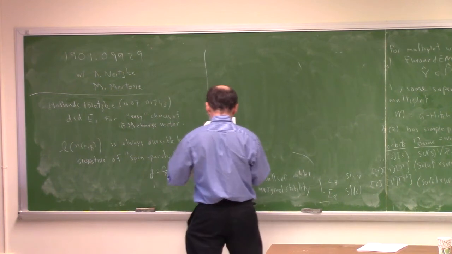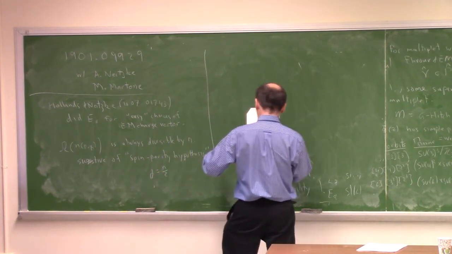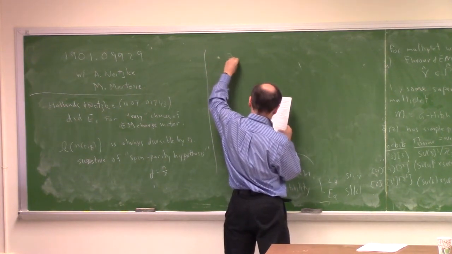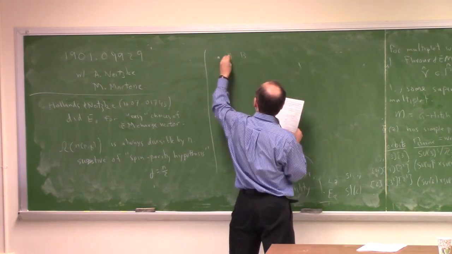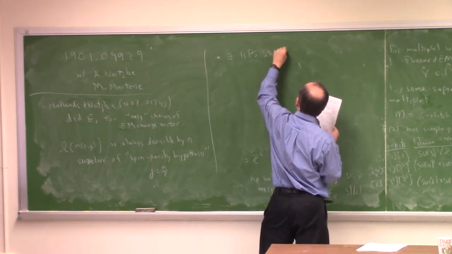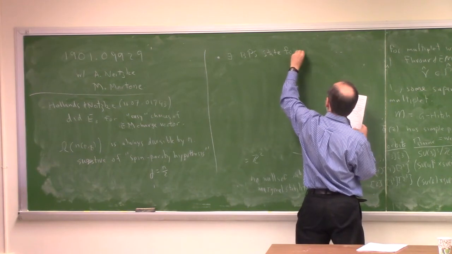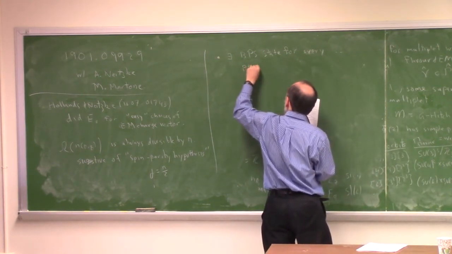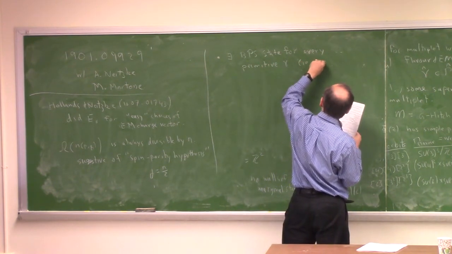Oh, and there are a couple of other things I should say. So there's this spin purity hypothesis. Another thing that they found was that for each of the charge sectors that they looked at, there exist BPS states for every primitive gamma, i.e. for n equals 1.